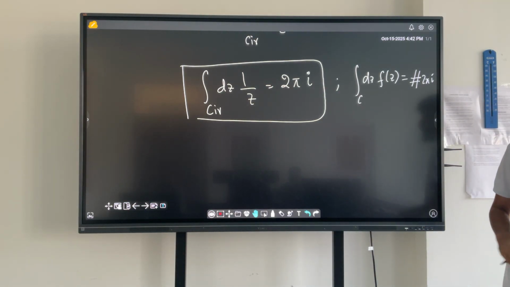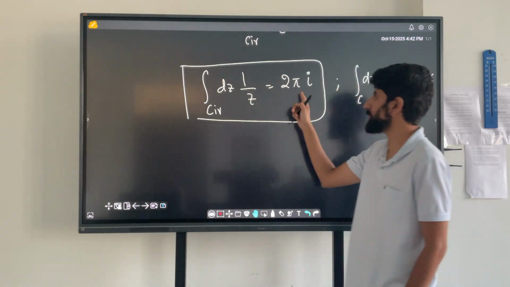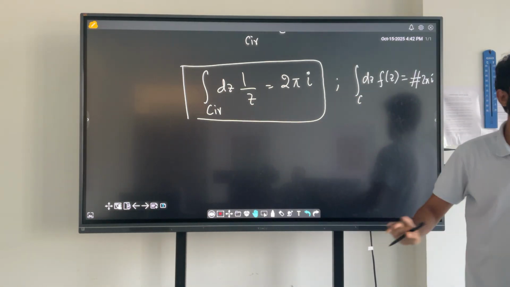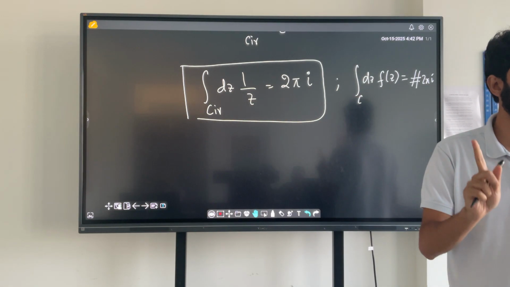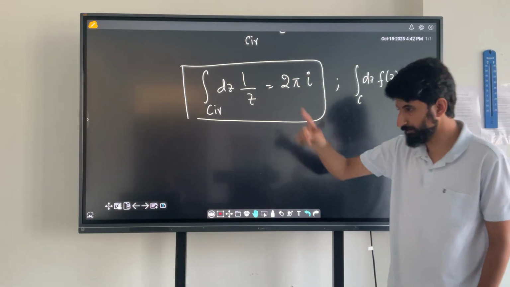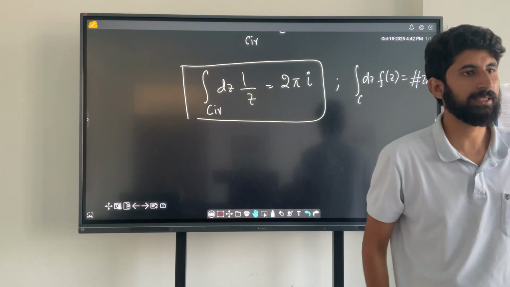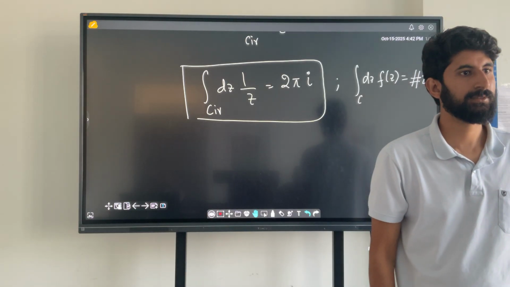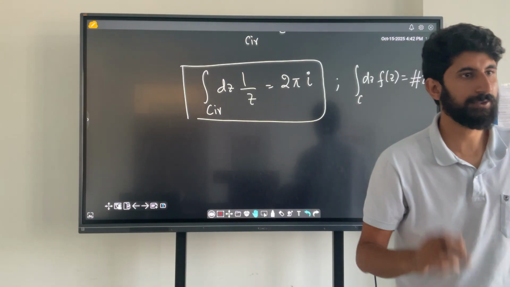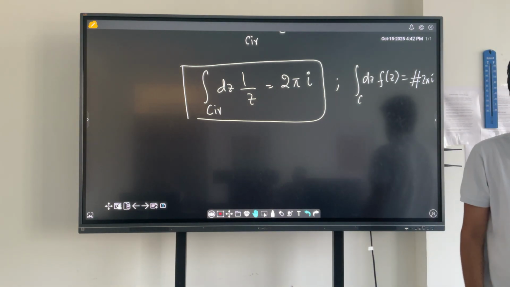But we just showed this integral is equal to 2 pi i for just one loop, a circle. What if I had taken something else? Let's try to figure out, does my answer change?